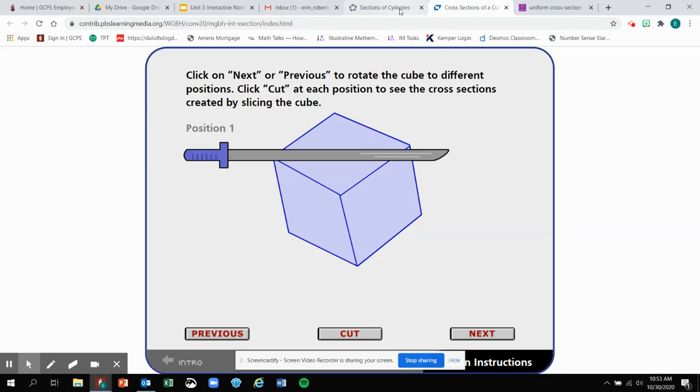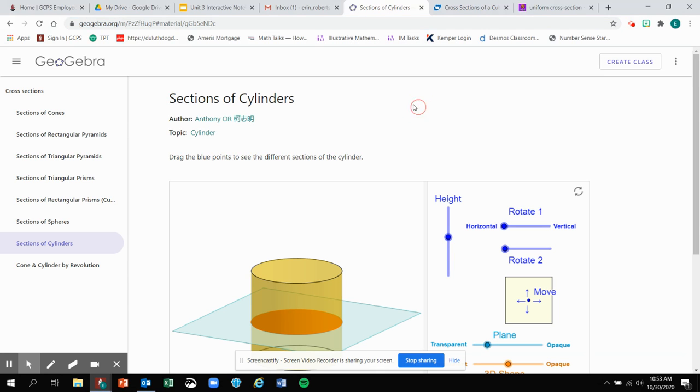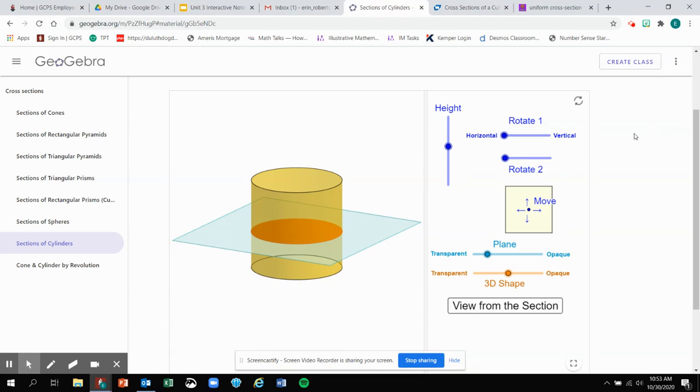Now we are going to examine some of these shapes so that you can see what these look like and what their cross sections look like. So we're going to start with a cylinder. So cylinder is the first shape in the second table on your page. And we're going to start with perpendicular to the base. So remember, if I'm going perpendicular to the base, that means I'm going through the base.